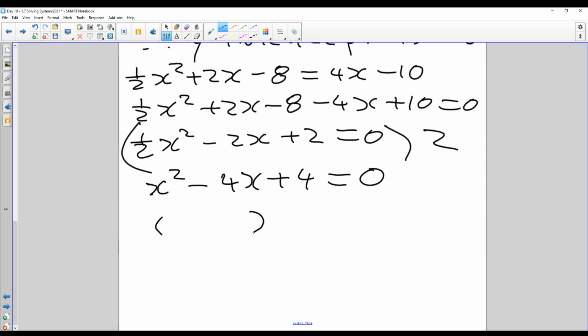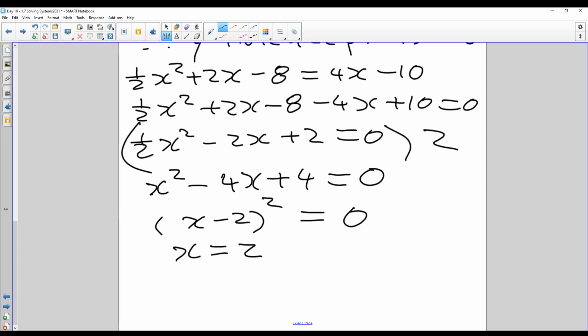Can we factor this? Something squared equals 0. Anybody know what that thing is? This is a perfect square trinomial. What is the thing squared that gives us this? Okay, let's see. Angeli, go ahead. Yeah, x minus 2 squared equals that. So that means that x equals 2 is where this thing touches it.